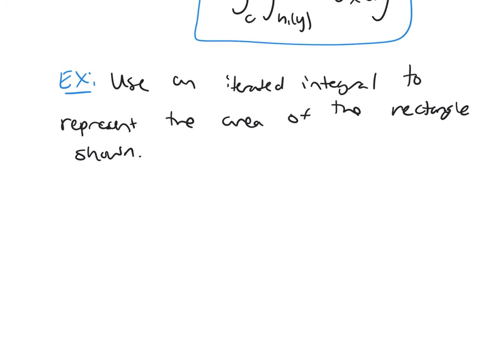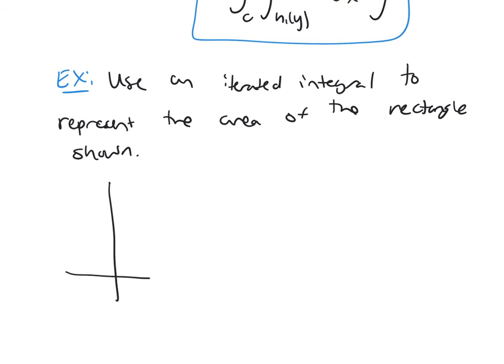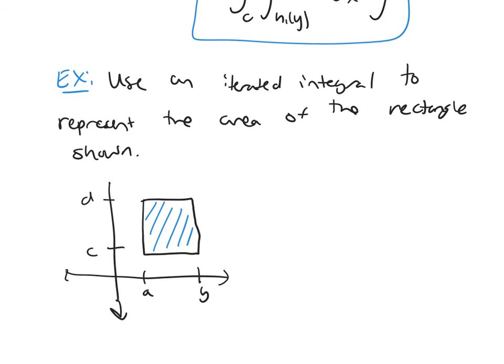So the rectangle here goes from a to b and then c to d. Here's my rectangle. So remember on your integration that the outer bounds have to be constant, but here because you have a rectangle, you can use either order.